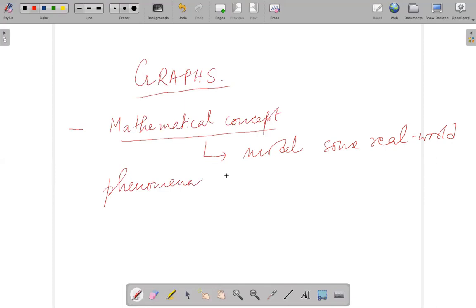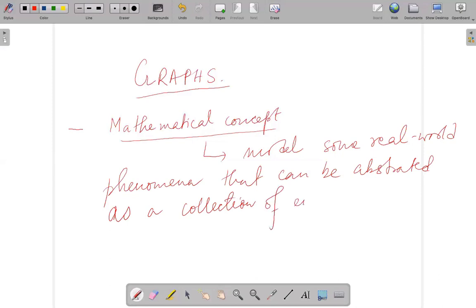that can be abstracted as a collection of entities and relationships among these entities.